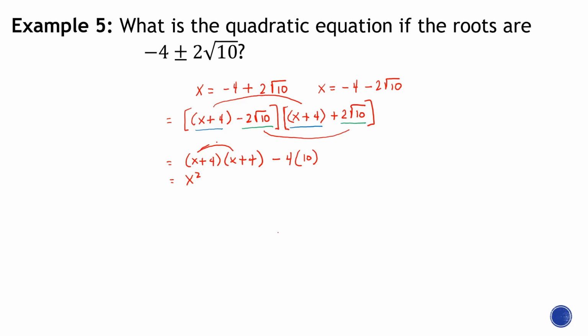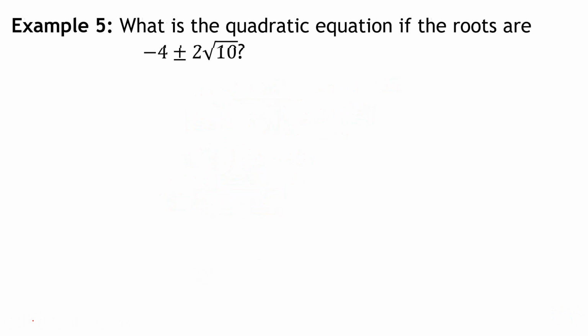So x squared, that's 4x, that's 4x, this is 16, right, minus 40, okay, equals x squared plus 8x minus 24. And that is our quadratic equation. Okay, let's go to the next one.